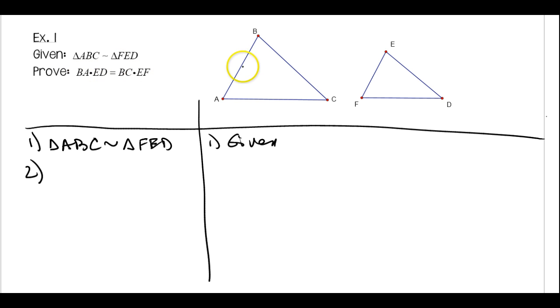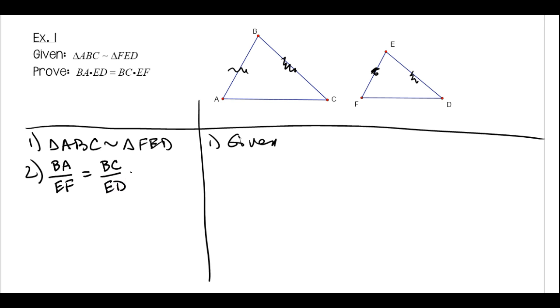And I know that I'm working with BA and ED and BC. That's not BC. This one's BC and EF. So I can see the sides that I want to use in my proportion, and I just need to write those out. So I'm going to write a proportion of the corresponding sides. So I've got BA to EF, so those are corresponding sides, is going to be equal to BC to ED.